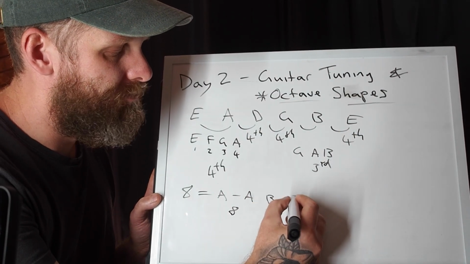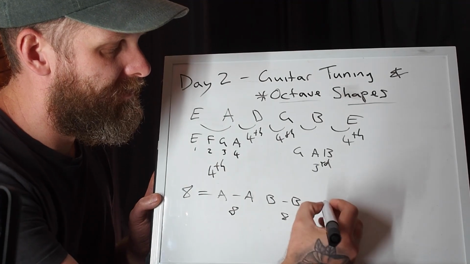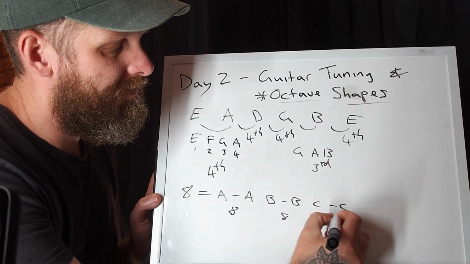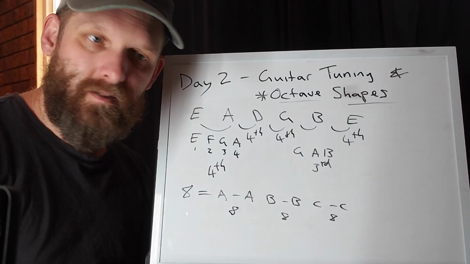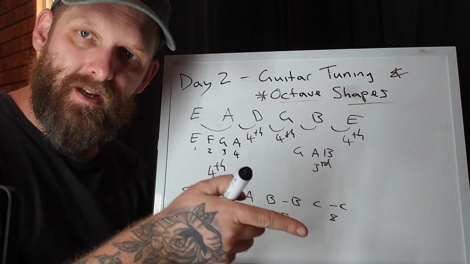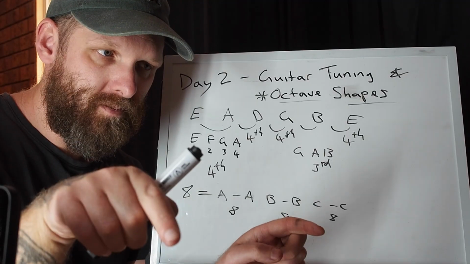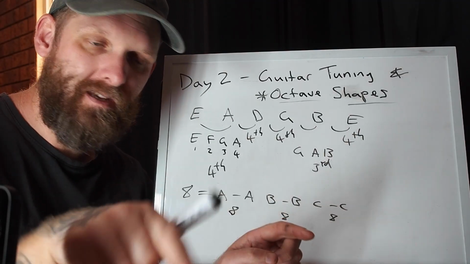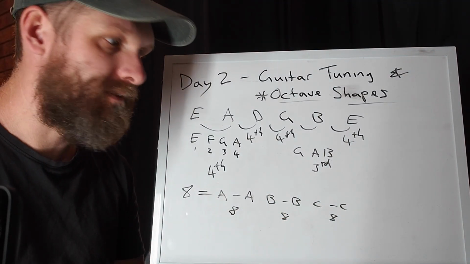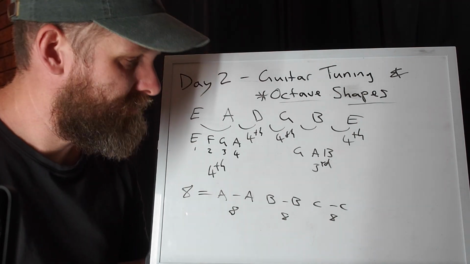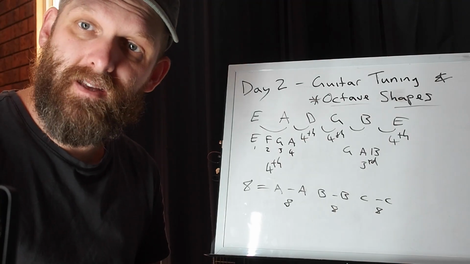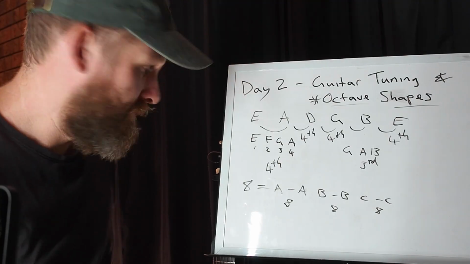B to B is 8 notes. C to C is 8 notes. So when you look at the layout of the piano, if you find a C and then you count all the white keys to the next C, we have 8 notes, and that's an octave. And that note can be higher or lower in pitch. So we'll grab the guitar now and have a look at how this all works.